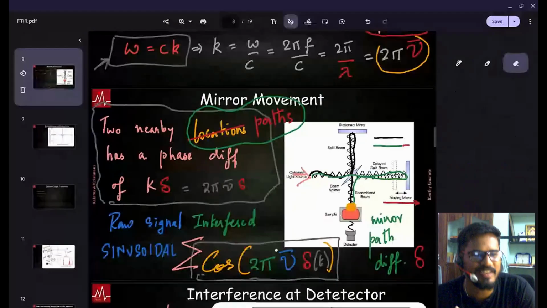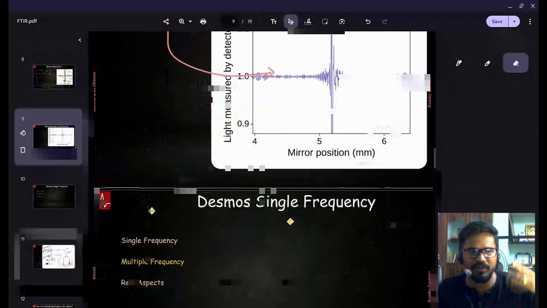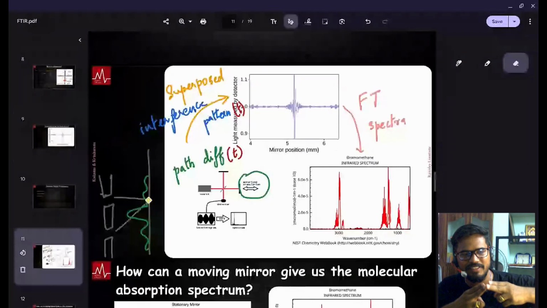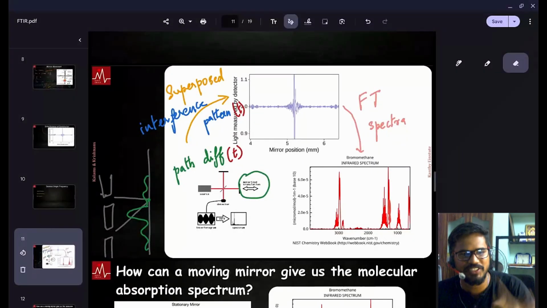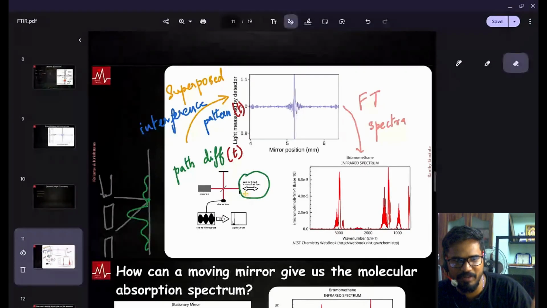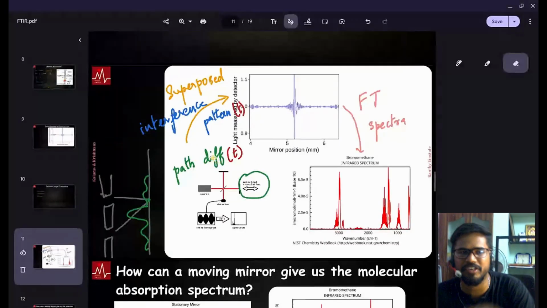So this is slightly more advanced than the double slit experiment, where there are two paths and the setup is static. Now you have a moving, dynamic setup. One of the mirrors is translating, so there is a path difference as a function of time, and there you have to look at the interference pattern.